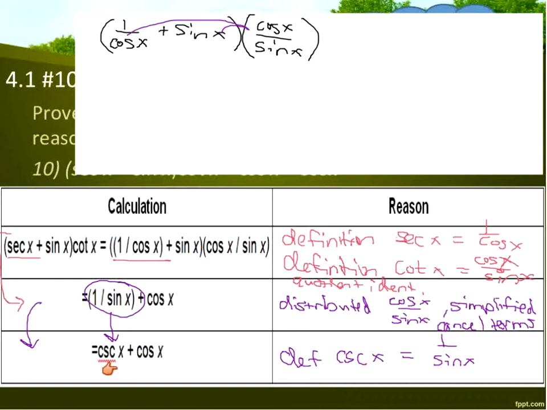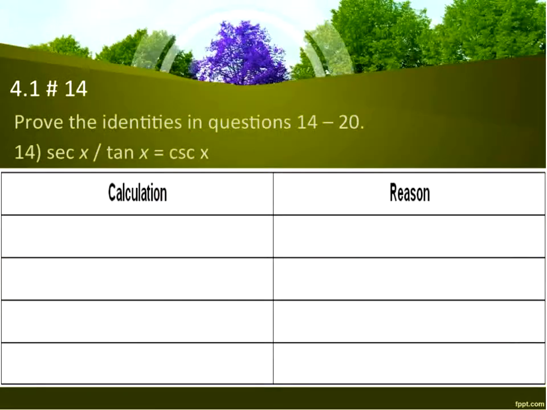So let's remember our rules to ourselves. Our first step is always to get anything that's not sine or cosine and change it into sine or cosine. That's always going to be our first step. So let's try this one.